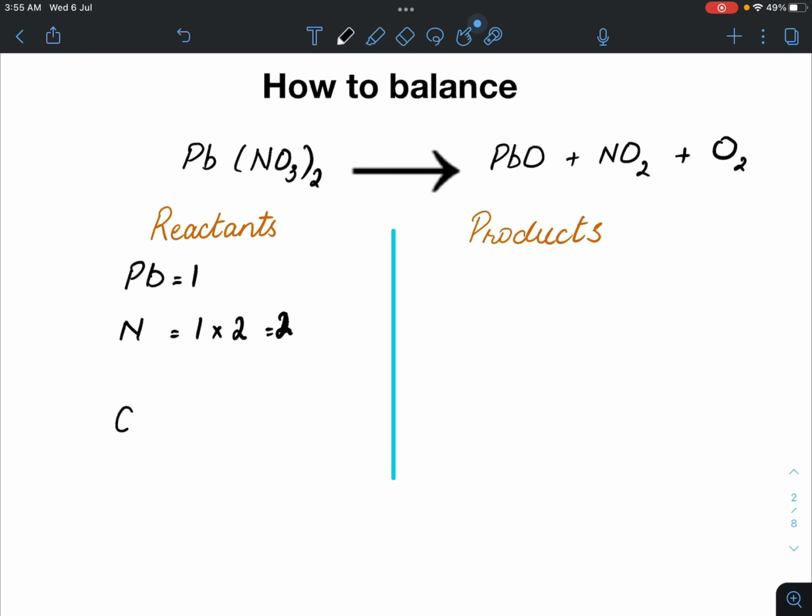For oxygen, we get 3 multiplied by 2, 6 oxygen atoms. On the product side, lead is 1, nitrogen is also 1, and oxygen is 1 plus 2 plus 2. That is 5.